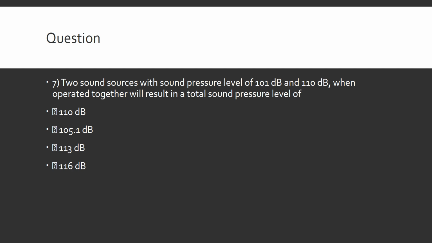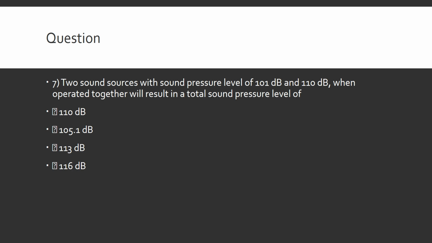This is the question, and as I discussed earlier, if there is a significant difference, above about 9 decibels or so, the higher decibel sound will take prominence, and only the higher sound we have to take into account.